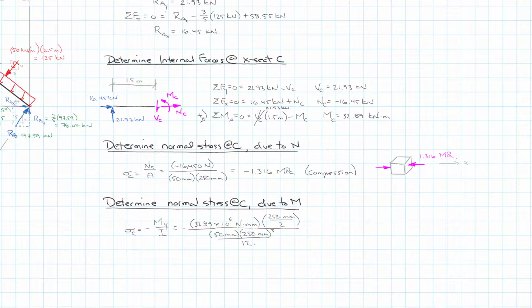And it's bending about the, which is it? It's the z-axis, I guess, in this case. And so we are able to look at that, and we get negative 63.16 megapascals, which also is in compression.